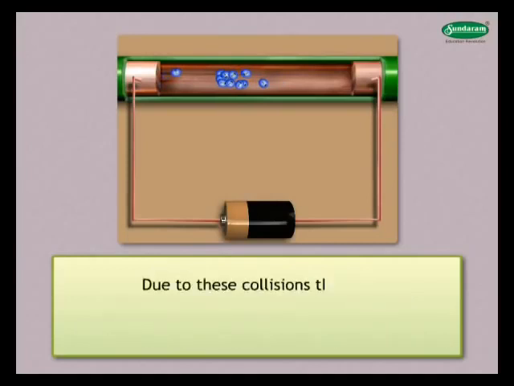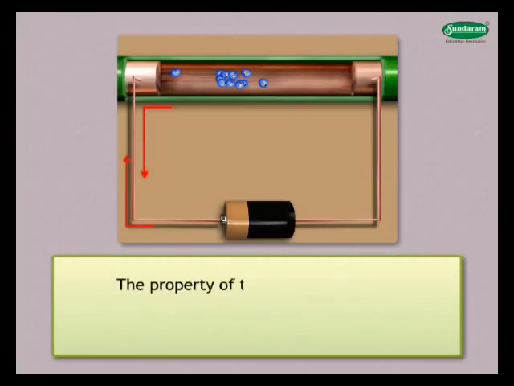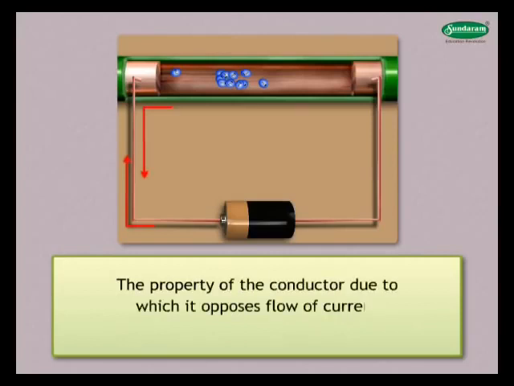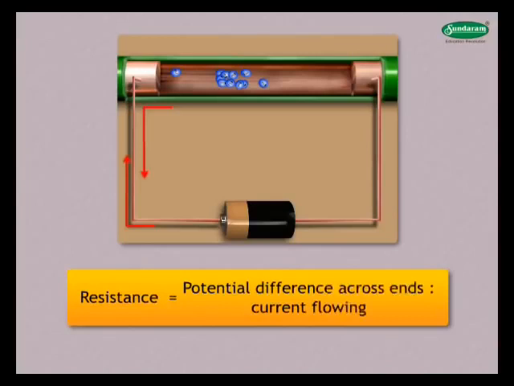Due to these collisions, there is some obstruction or opposition to the flow of electrons through the conductor. The property of the conductor due to which it opposes flow of current through it is called resistance. It is numerically equal to the ratio of potential difference across its ends to the current flowing through it.